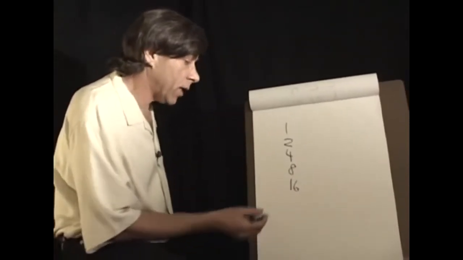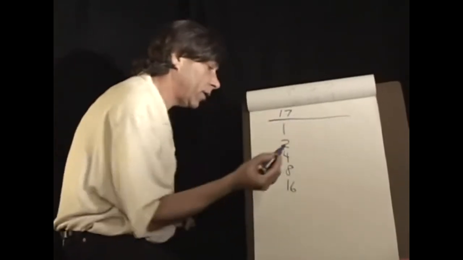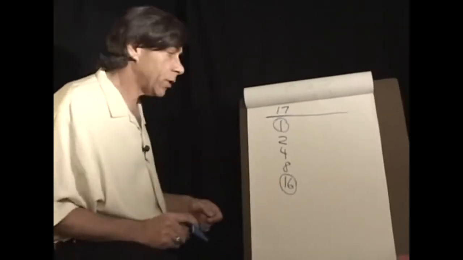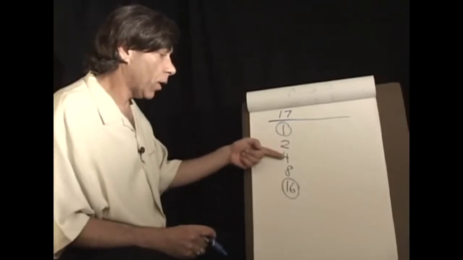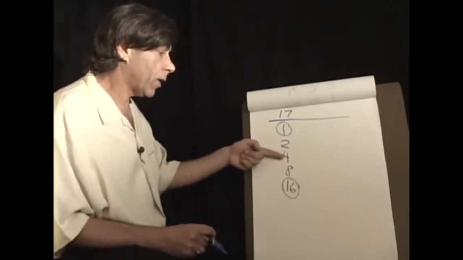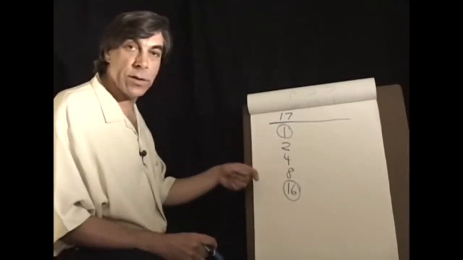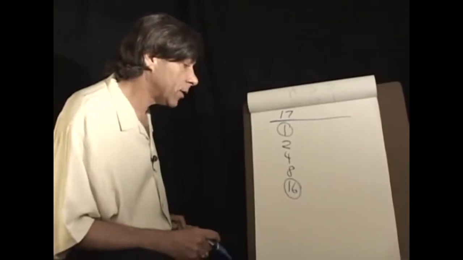And any number can be represented by the sum of these. For example, if we wanted to choose the number 17, it's 16 plus 1. So I can count 1, 2, 1 plus 2 make 3, 4, 1 plus 4 make 5, 2 plus 4 make 6, 1 plus 2 plus 4 makes 7, 8, and so forth. And so any number can be represented by this, the sum of elements of this sequence.